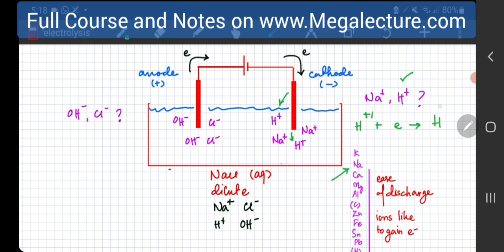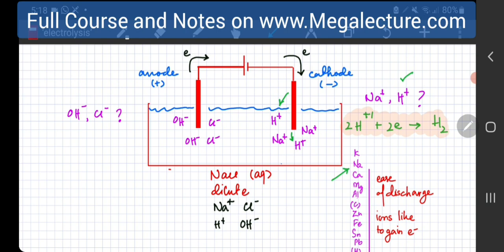But again, the issue is that H is diatomic. It never exists as a single atom. So I need to double everything. It always exists as a diatomic molecule, so we need 2 H atoms. So I'm going to double this. 2H+ would gain 2 electrons, obviously, and 2 H atoms would be formed. And they would together form an H2 gas molecule. So that's my equation at the cathode. That's what's happening at the cathode.